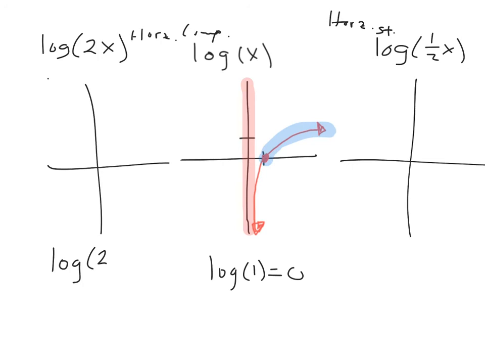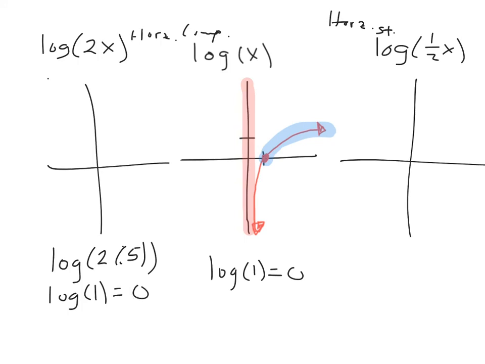Well, it would have to be a 0.5, because 2 times a half gives you a 1. So this would then again be log of 1 is equal to 0.